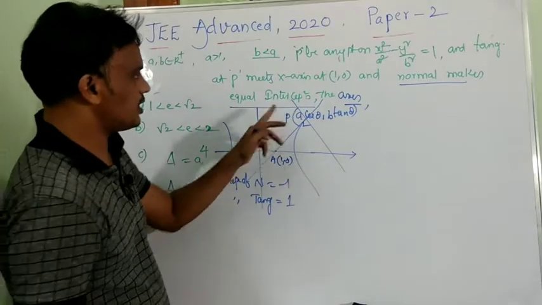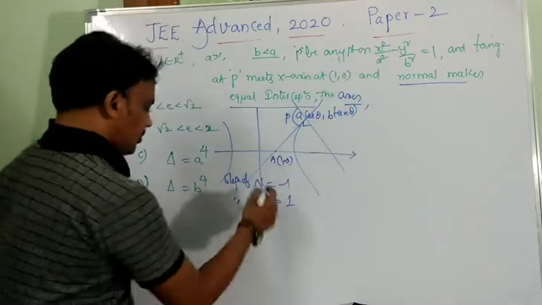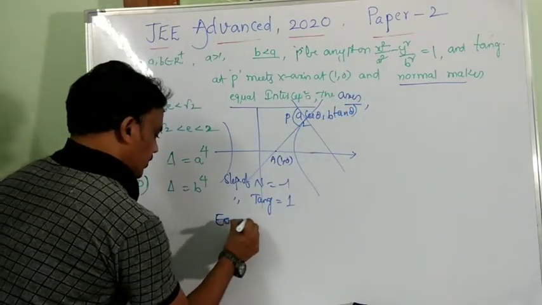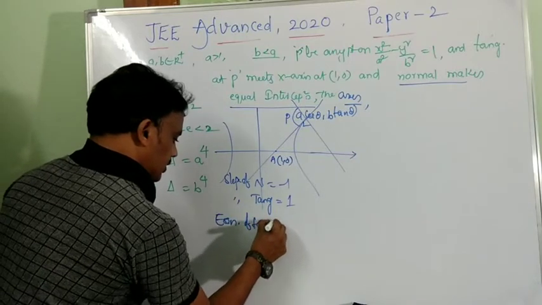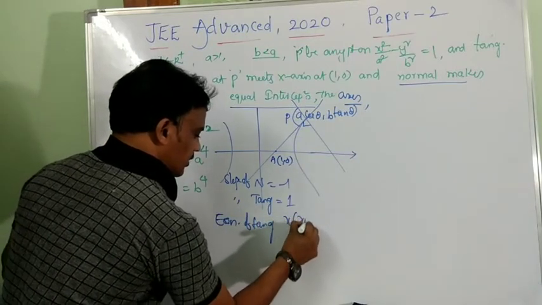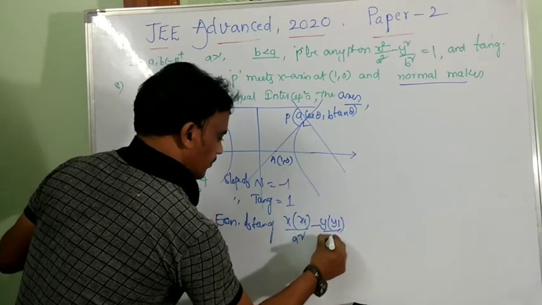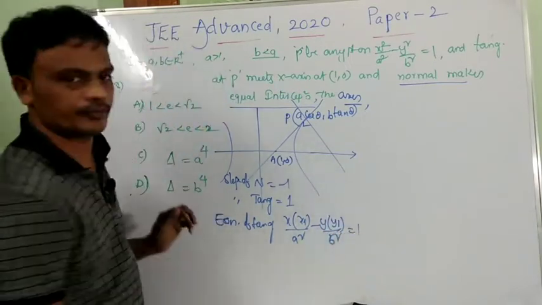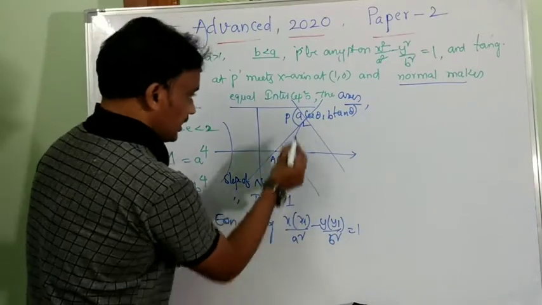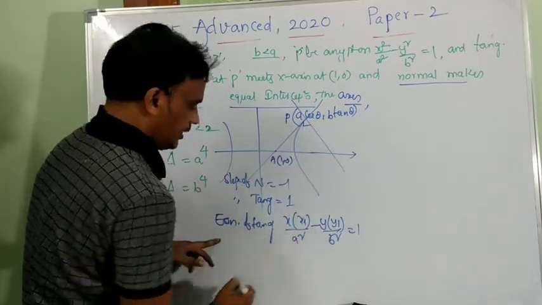First of all, what is the equation of the tangent to that hyperbola? I am going to find it: x x1 by a square minus y y1 by b square equals 1. What is x1, y1? It is a secant theta and b tan theta.